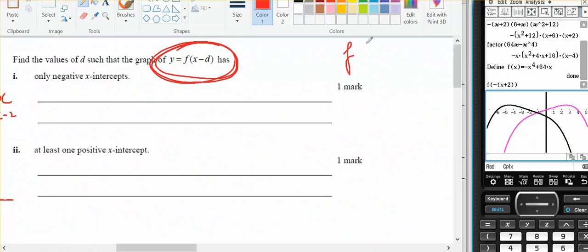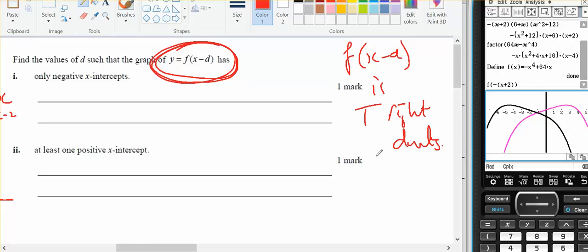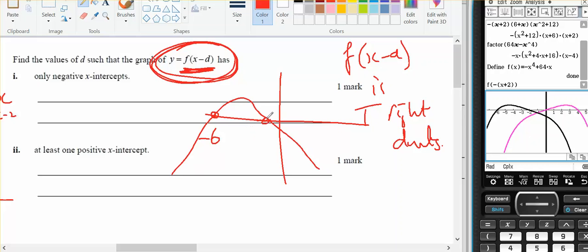F of x minus d is a translation right d units. Now that's assuming that d is a positive number. So I'm looking about f. F is the black one. So at the moment I've got x-intercepts at negative 6 and -2. Now, how far can I move it so it only has negative x-intercepts?